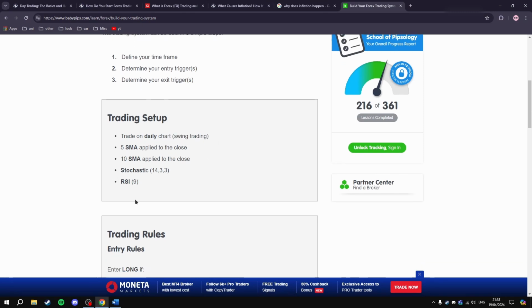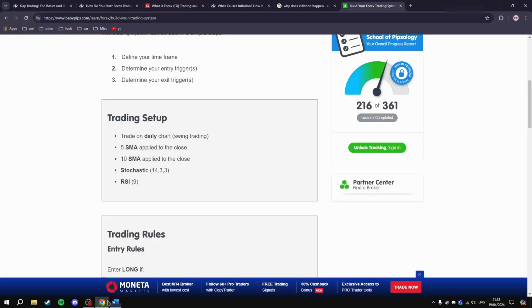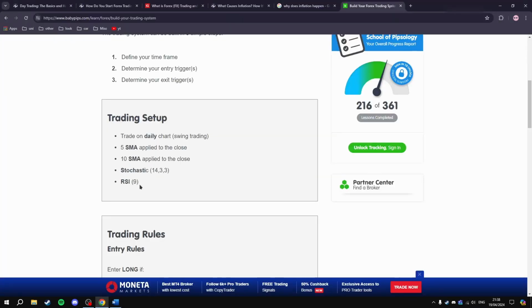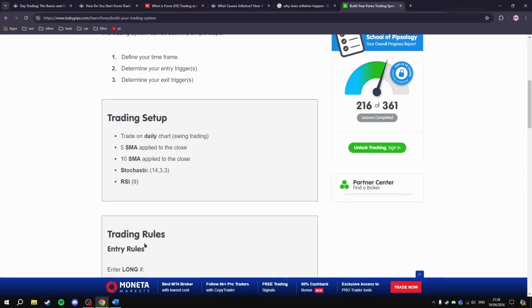We're trading on a daily chart. Next, find indicators to help identify a new trend. So that's the 2 simple moving averages. Find indicators that help confirm the trend. So that's stochastics and the relative strength index.